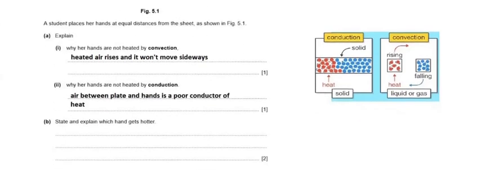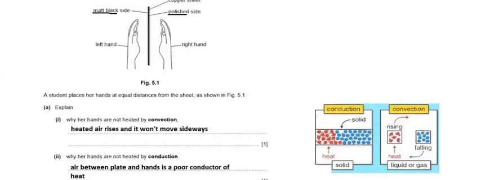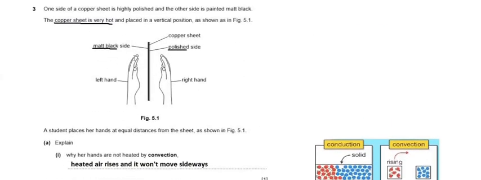But the question is which hand is getting hotter. We know that matte black is a good emitter of heat, and the polished side is a very bad emitter of heat. So the matte black will emit a greater amount of radiation. That radiation will reach the left hand, so the left hand will get hotter.